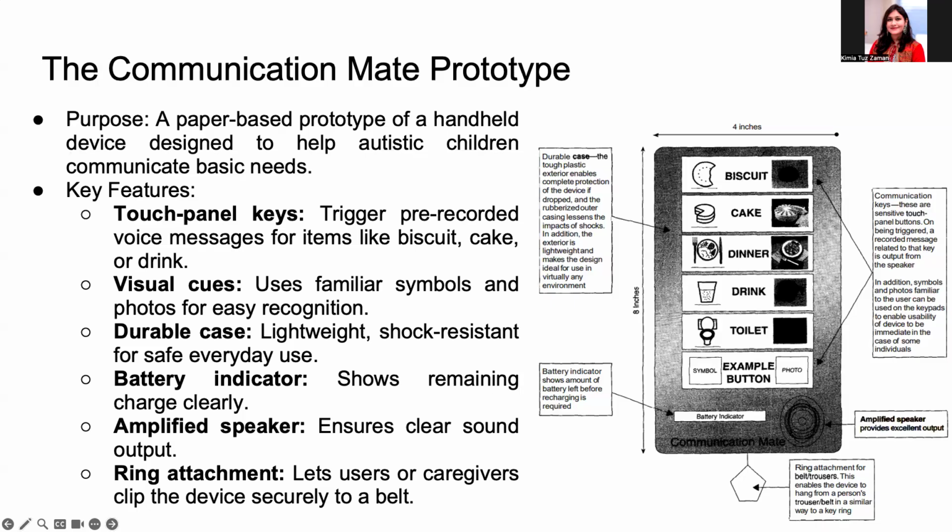Even a paper model like this can communicate the concept effectively, helping designers and users visualize how the product might fit into real life. It's a reminder that good design starts with empathy and sometimes with just paper and imagination.